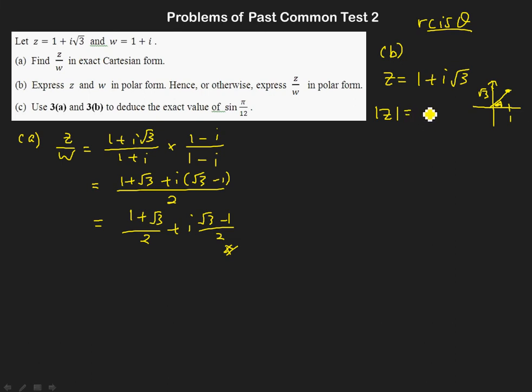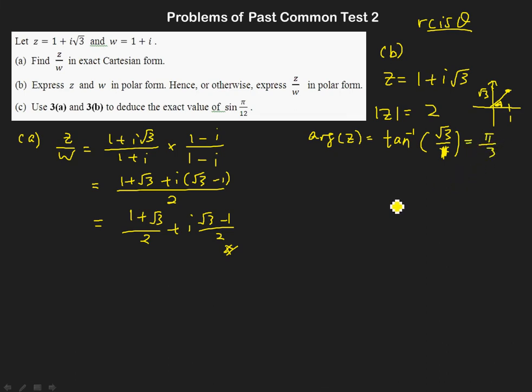The modulus clearly is 2, and the argument of Z is inverse of tangent of y over x. So this is x and this is y. So root 3 over 1, and this should be pi over 3.